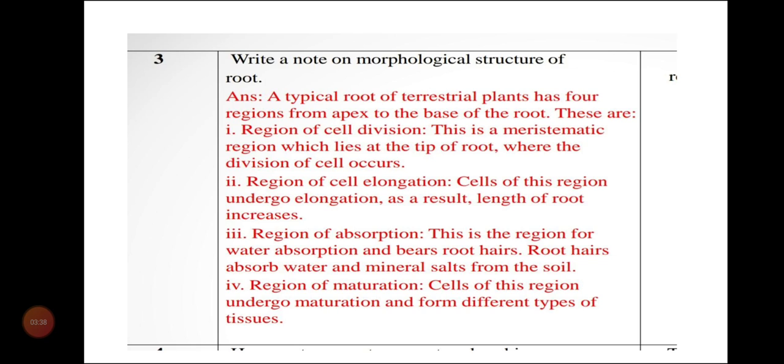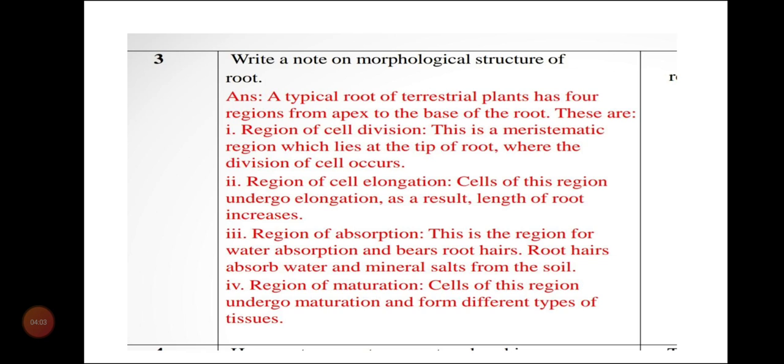You have to write these headings and explain each region very briefly. Region of cell division is the meristematic region which lies at the tip of the root where the division of cells occurs. Second, in the region of cell elongation, cells undergo elongation, and as a result the length of the root increases.